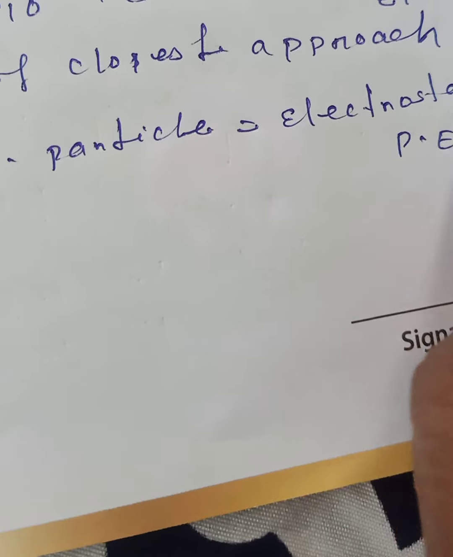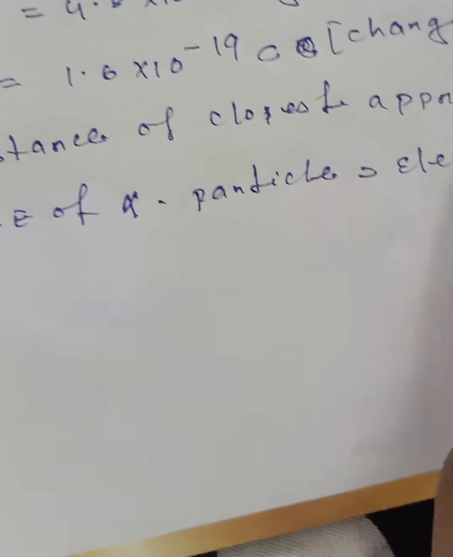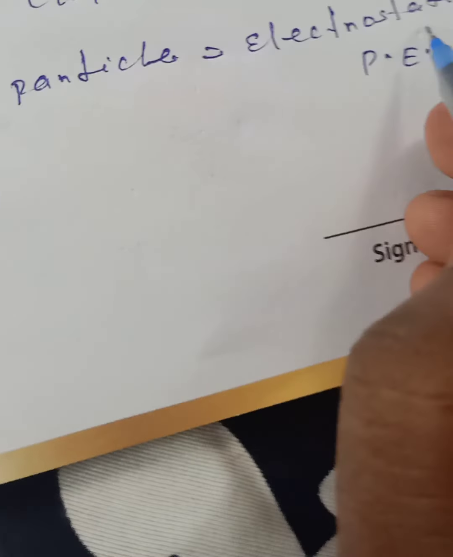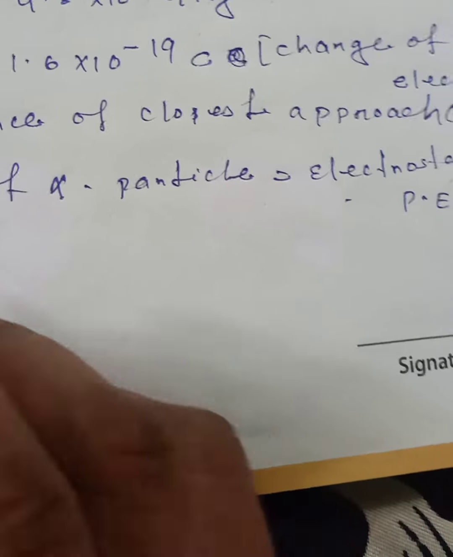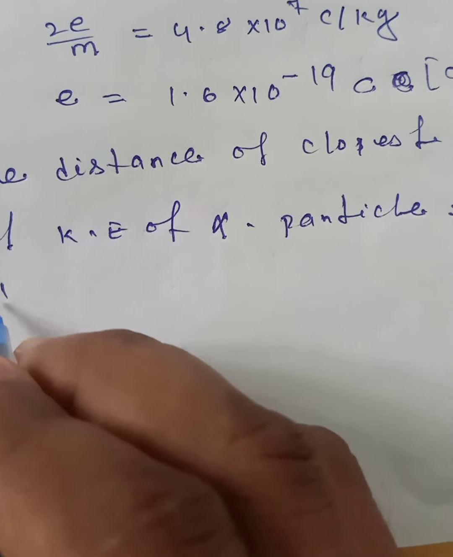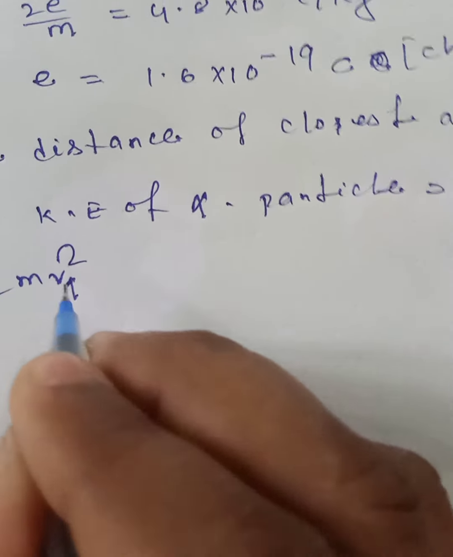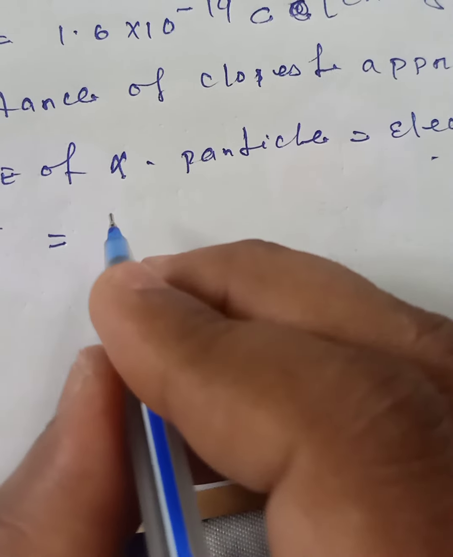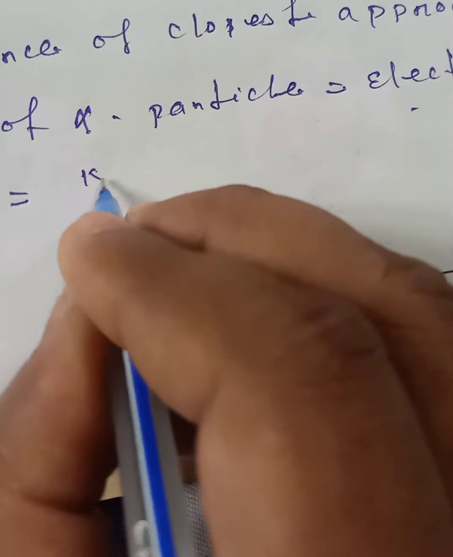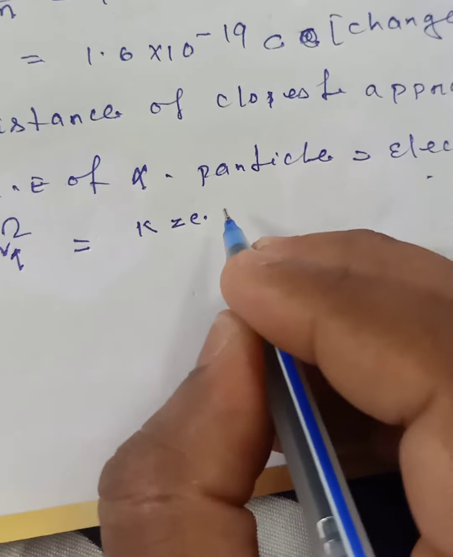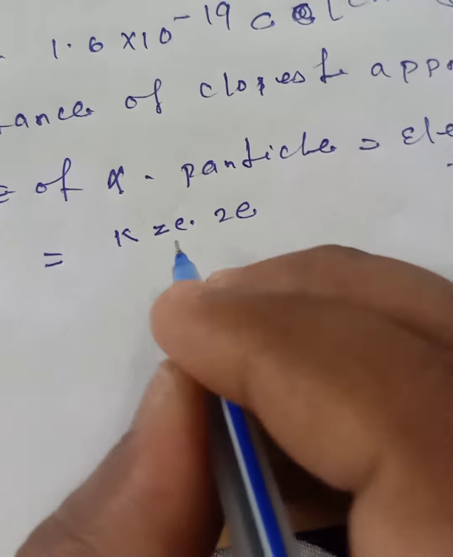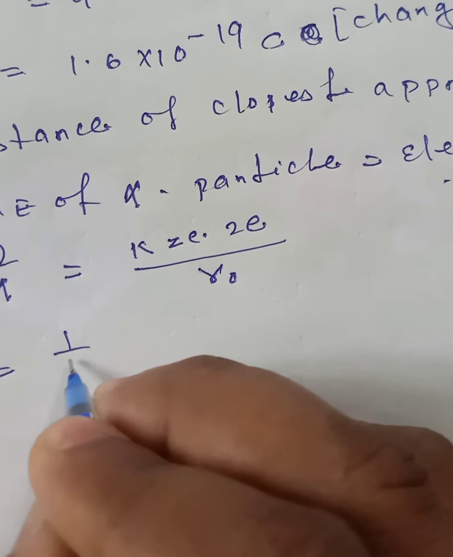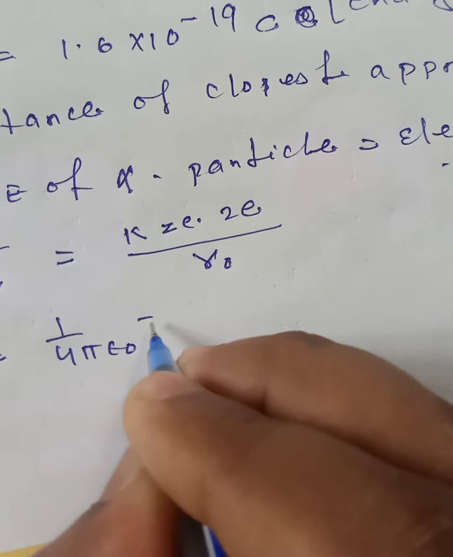The distance of closest approach is taken as R0. Initial kinetic energy is simply half m v square, and electrostatic potential energy equals k Z times 2e divided by R0, where k is equal to 1 by 4 pi epsilon naught.